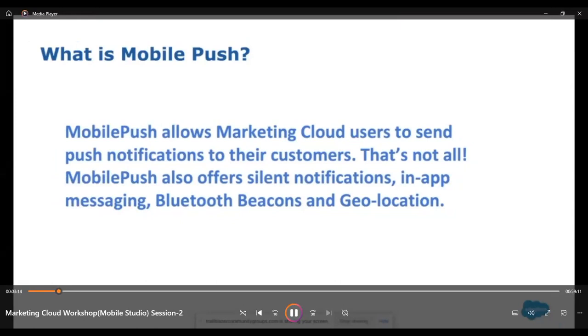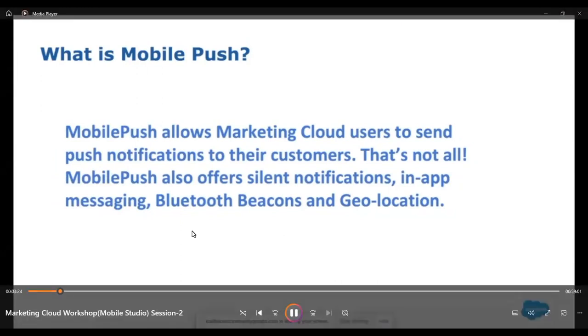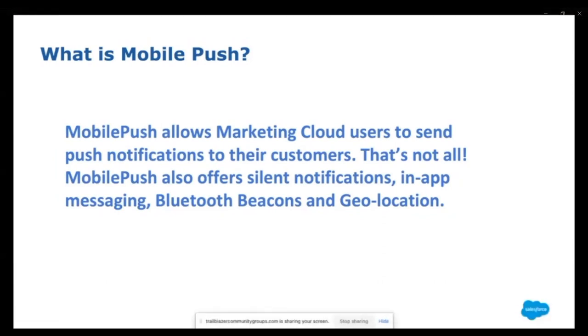Marketing Cloud allows you to send push notifications to customers, and that's not all, because it also offers silent notifications. So even when you keep your mobile on silent, you'll get notifications in the background. These can be done in different ways, such as in-app messaging, Bluetooth beacons, and geolocation as well. All these ideas we can implement using Salesforce Mobile Push under Mobile Studio, right?